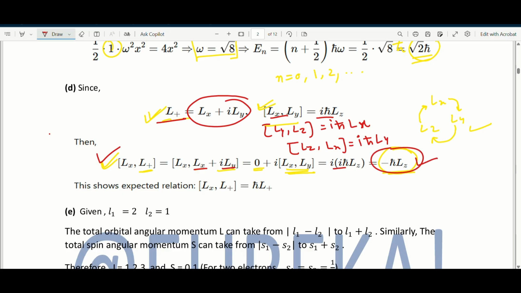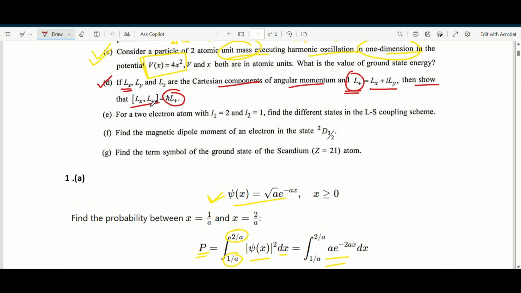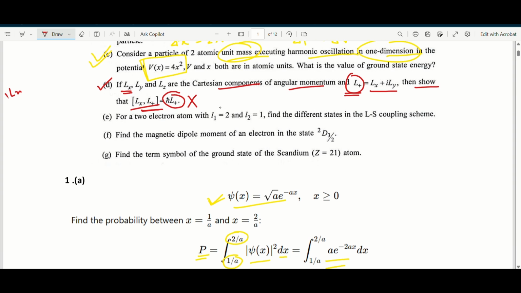But we have to prove that the commutation of Lx, L plus will be H cross L plus. So this expression is wrong. Why? Because the commutation of Lx with L plus gives minus H cross Lz.